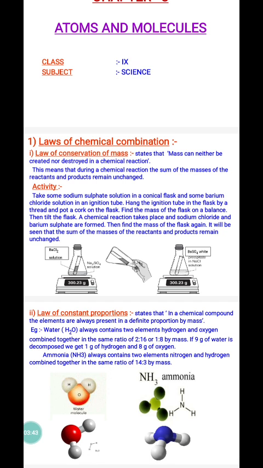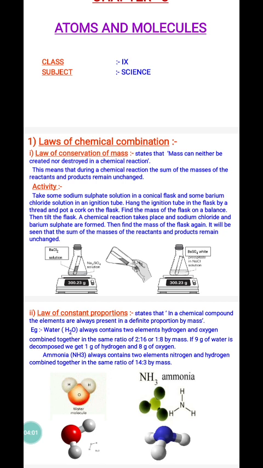If you select A gram of a substance and B gram of another substance, after a reaction I will get C gram and D gram of two substances. What does the law state?